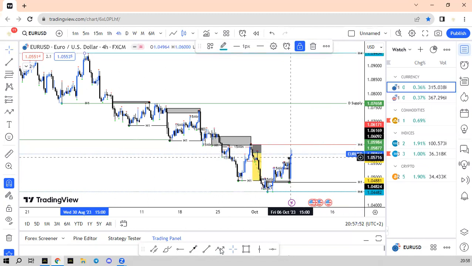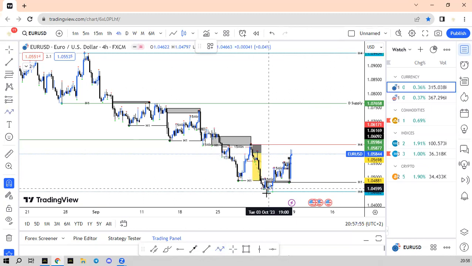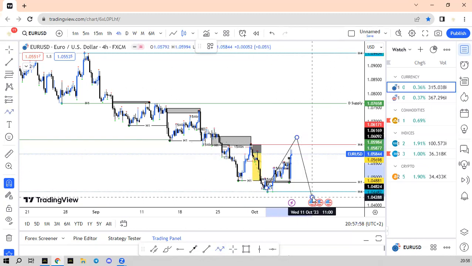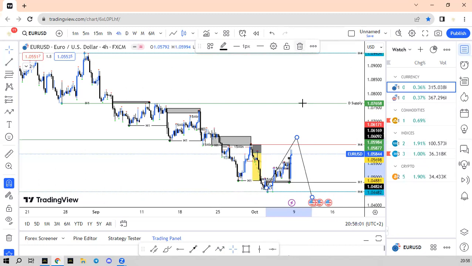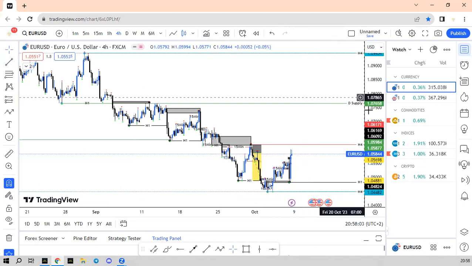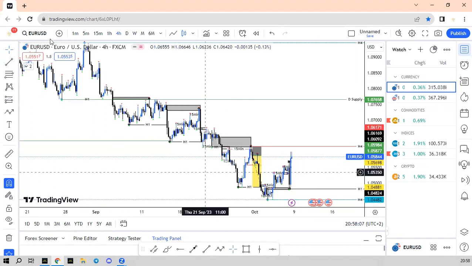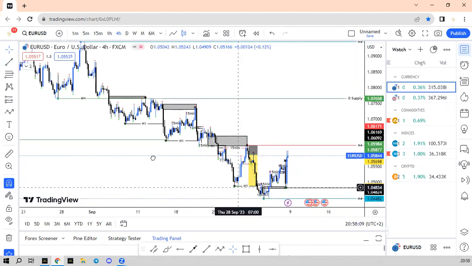Also, price might do something like this, take this liquidity and continue going down. You understand? So we are still very much bearish looking at the H4 range.